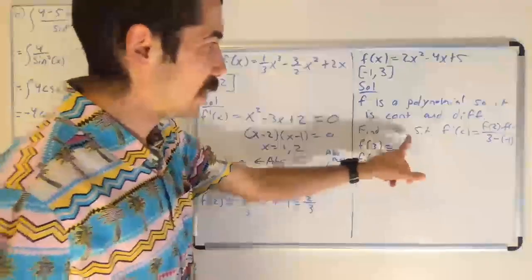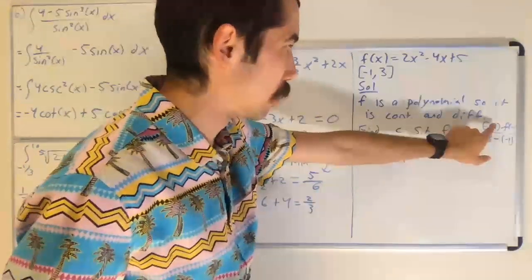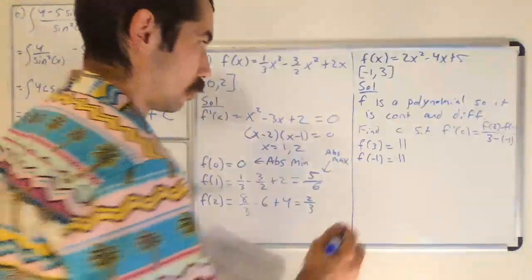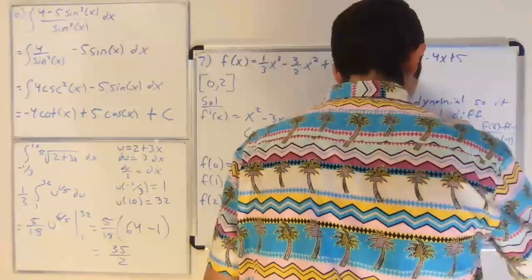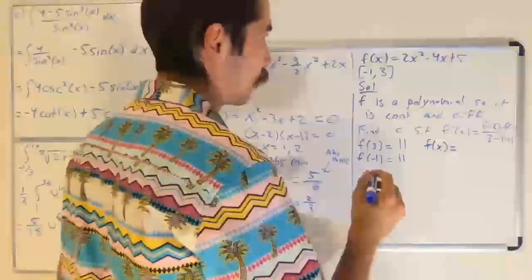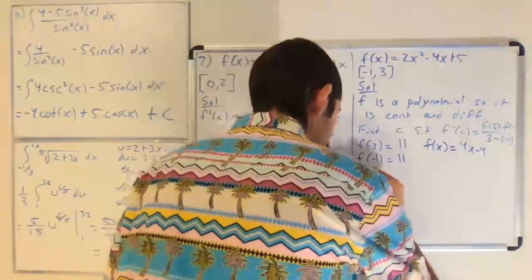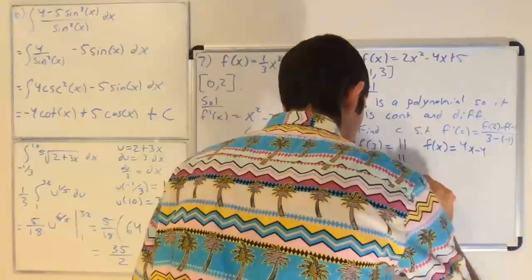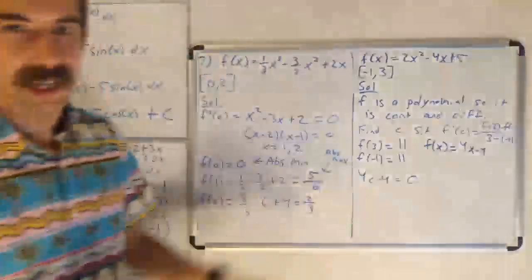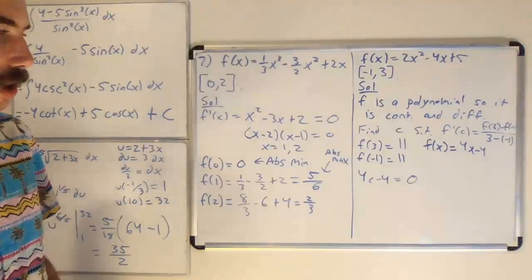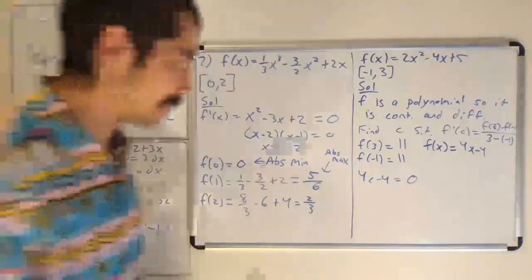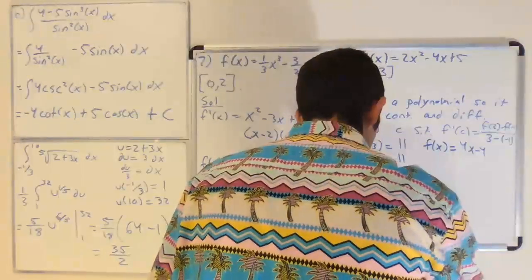So we want to find c such that f prime of c is equal to 0. F prime of x is 4x minus 4. So we want 4c minus 4 to equal 0, and then we're only going to take the values of c that lie inside of our interval. In this case, c equals 1, so it's in our interval.